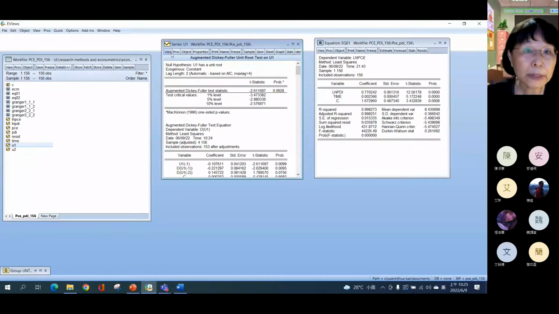But based on what we did for the several unit root tests, most of them pass at least the 5% level. So I tend to infer that this residual is more like a stationary series.